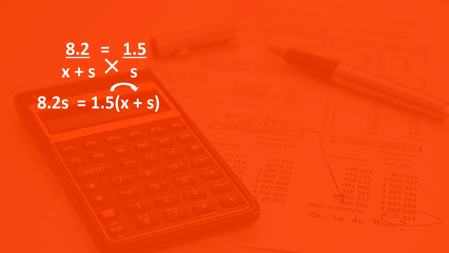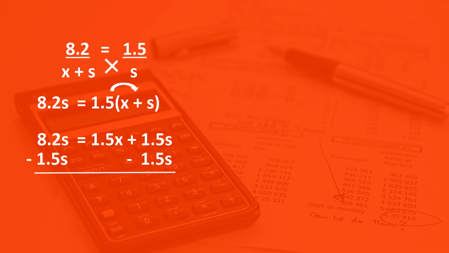It is going to be 8.2s equals 1.5x plus 1.5s. Now, we're just going to subtract 1.5s from both sides. So, 8.2 minus 1.5 is 6.7, so 6.7s equals 1.5x.